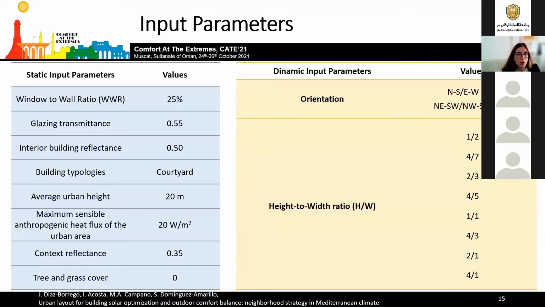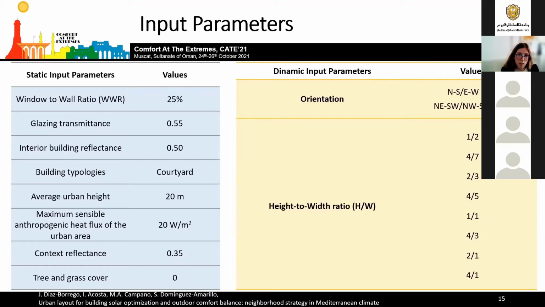And dynamic or control parameters are those that determine the purpose of the evaluation, relating to the performance and defining parameters of light and thermal efficiency, which will vary their values to be able to quantify their impact. In the sample case application, only two dynamic parameters have been introduced, orientation and height-to-width ratio.